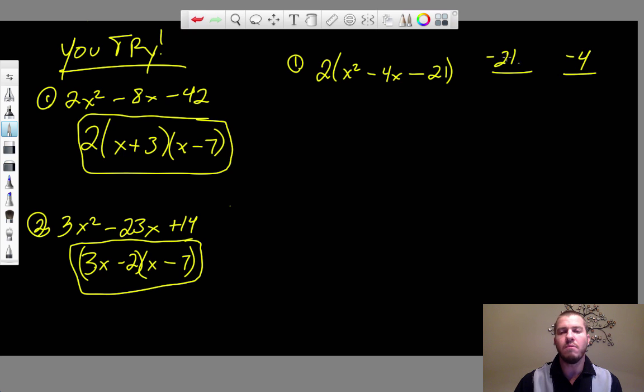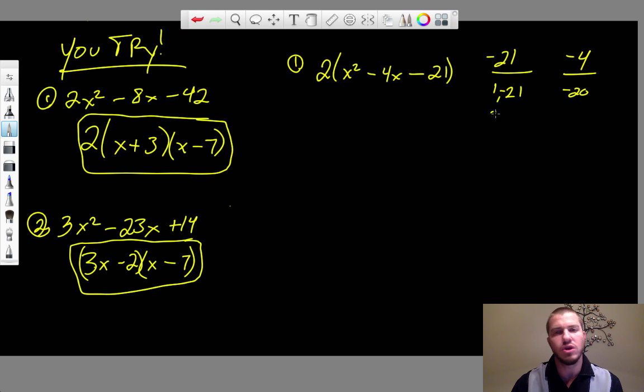Because it's a negative, one's positive and one's negative. And because this middle term is negative, the larger of the two is going to be negative.